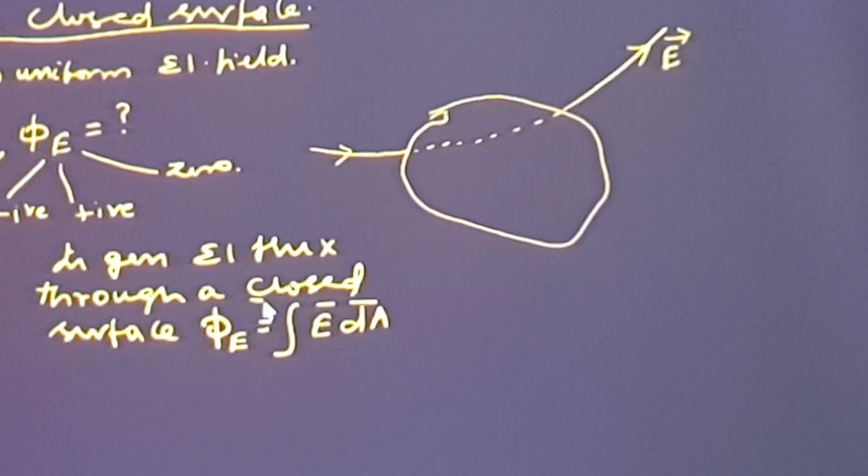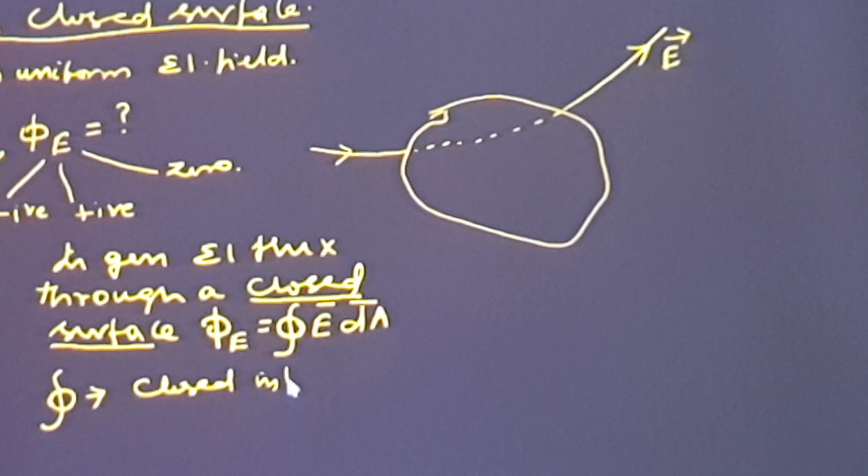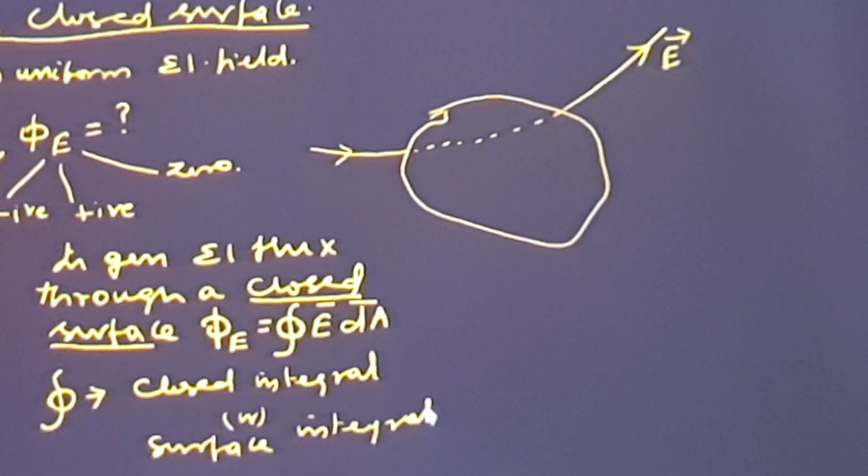If you are taking the surface as a closed surface, then while writing this integral you have to put a round in the integral sign. If you put a round in that integral, it represents a closed integral, so the integration must be taken over the closed surface, that is, it is a surface integral.